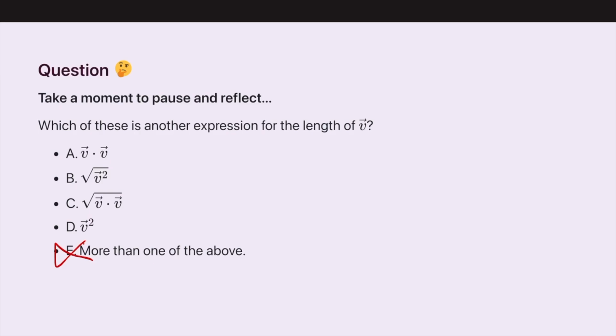Okay, so let's think here for a second. We have these v vector squared things right here. So what's going on with these? Well, there's no real linear algebra operation for squaring a vector like that. We could say that vector v squared is an undefined operation.